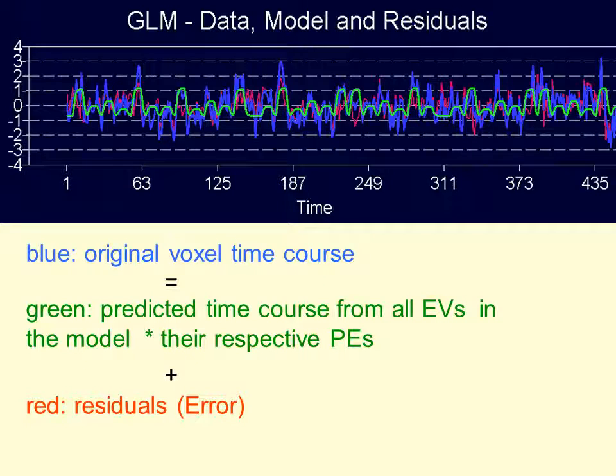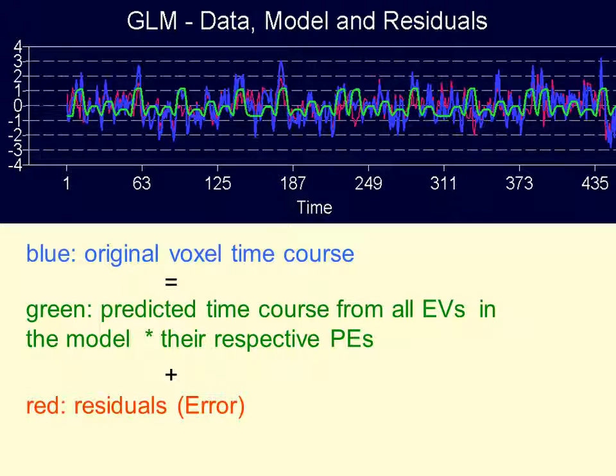So we see, if we look at this case here where the data has got quite a high peak in it, that's kind of captured by the model, but the difference between the data and the model is a positive number. So here we've got a positive value of the residual.